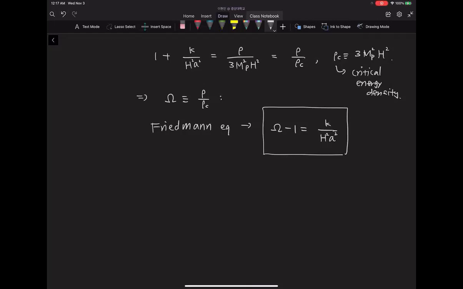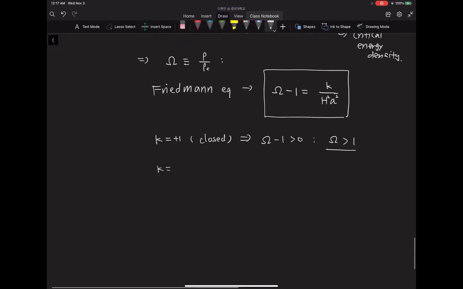For k equal to plus 1, which is the closed universe, omega minus 1 is greater than 0, so omega is greater than 1.